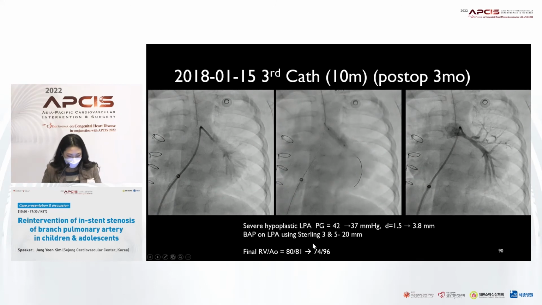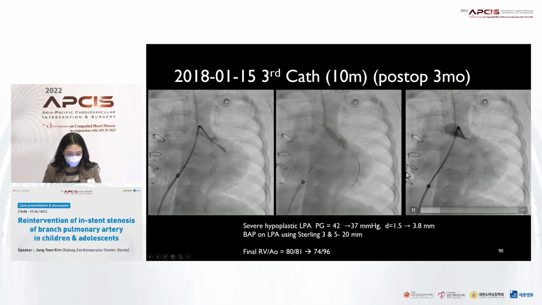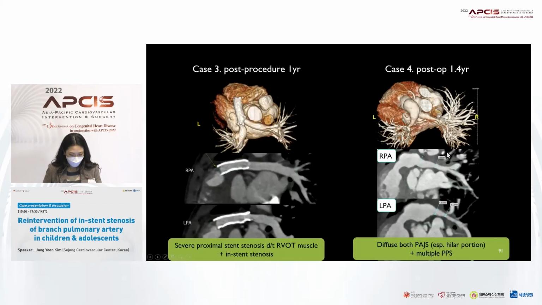Also selective LPA angiogram shows severe hypoplastic LPA with a pressure gradient of 42 millimeter mercury. Diameter was 1.5 millimeter, and we did BAP on LPA using 3 and 5 millimeter balloons. So I think it was partially effective.